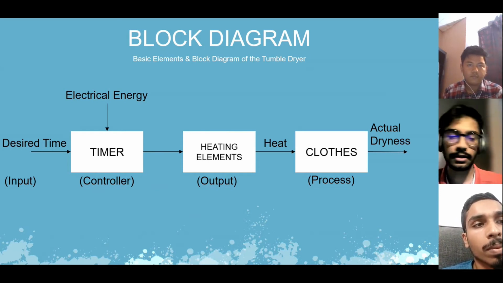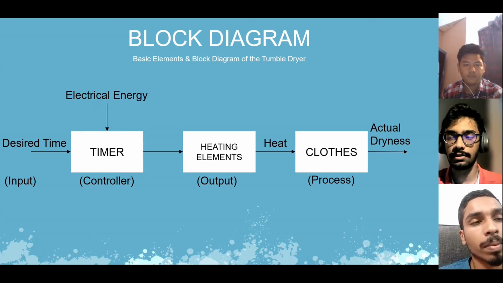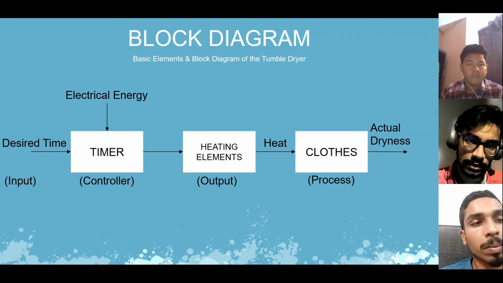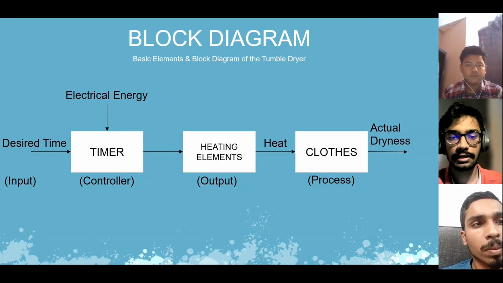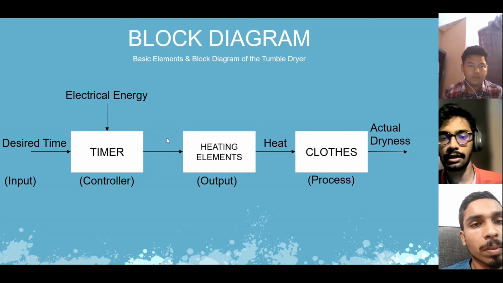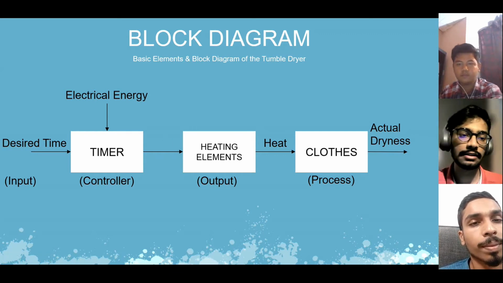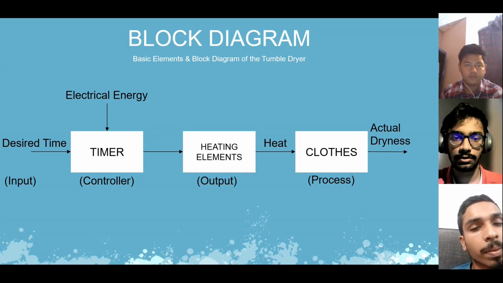If, for example, the tumble dryer were a closed loop system, there would be a sensor over here which can tell whether the clothes are dry or not, and it would tell the timer to extend a bit more time so the heating elements dry the clothes a little bit more than the desired time that has been inputted in the tumble dryer. That's how a closed loop system works.